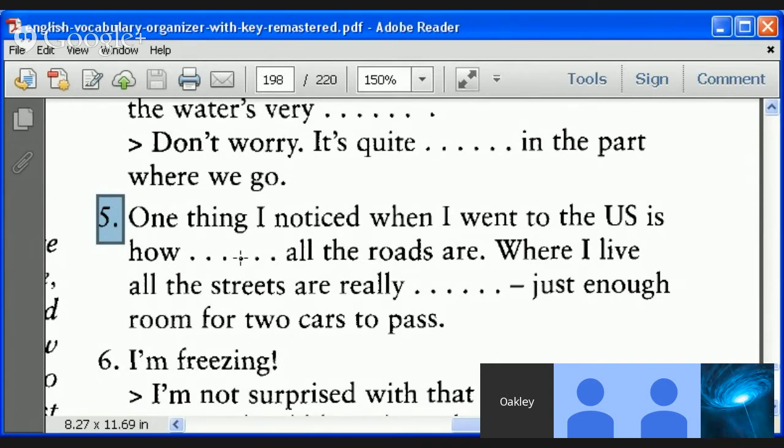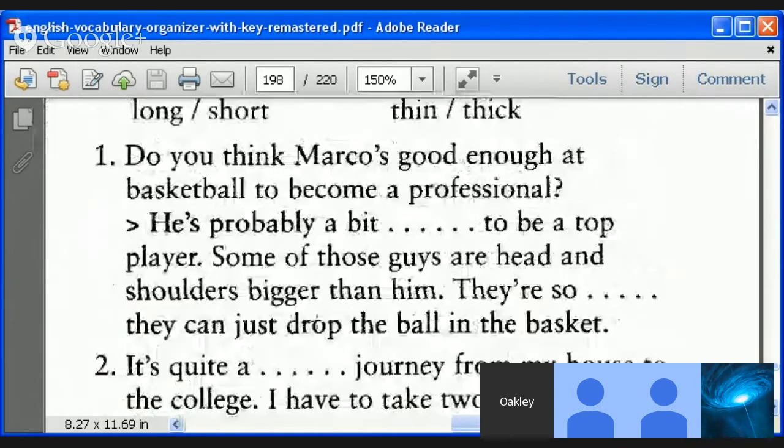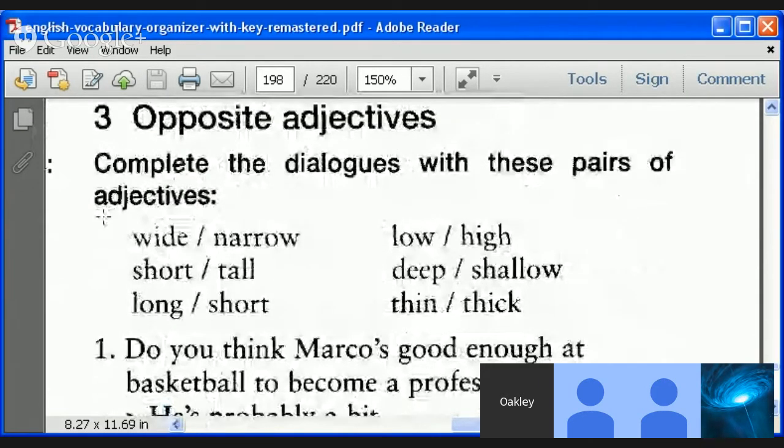It does fit the sentence, Mustafa. You're right. But if we read on, there's probably another option. Where I live, all the streets are really short. Can I see the above phrases?